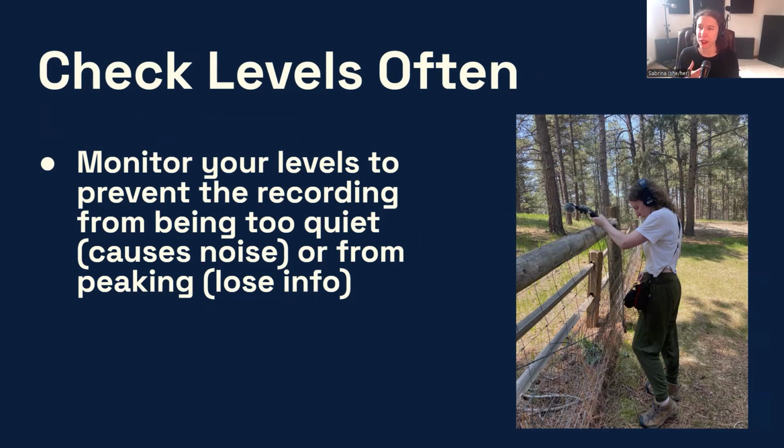That's usually because there's not enough signal coming into the mic and coming into the recorder. And then, of course, on the other end, there's peaking, also known as clipping, where it's kind of like overexposure in a camera. That means you're going to just lose that info if it peaks. Bringing the volume down is not going to help with how distorted the signal is.